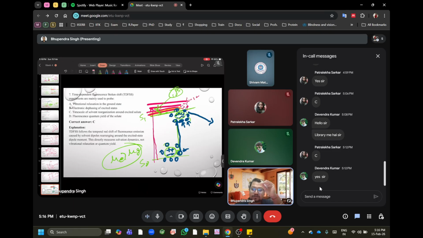Then they will come to the relaxed state. So when they rearrange, this solvent molecule, blue color molecule, then they will come here at this position. And then they will slowly come.